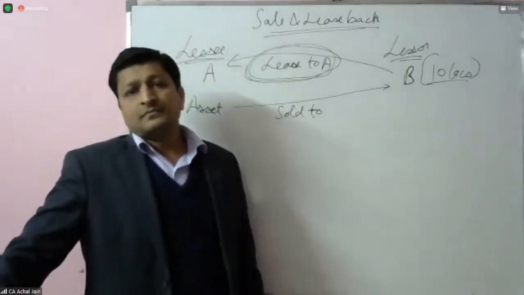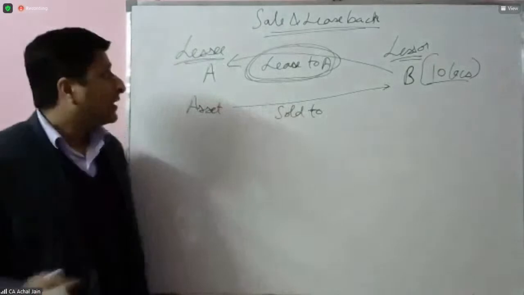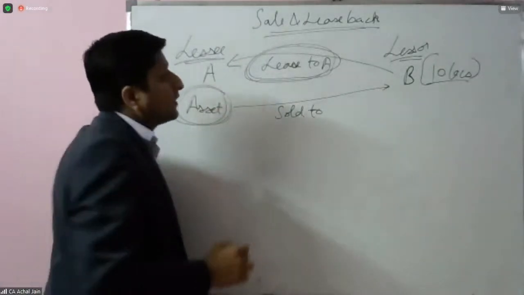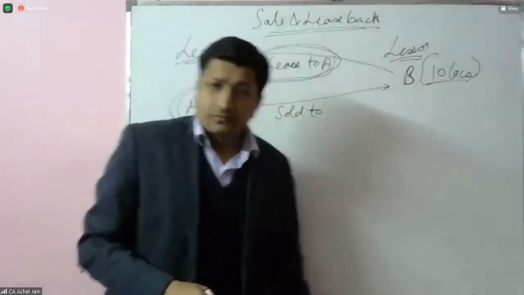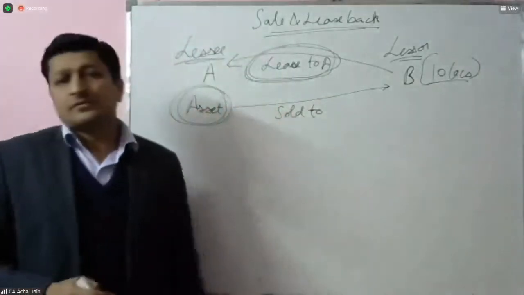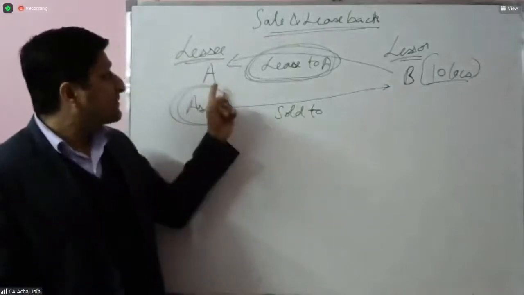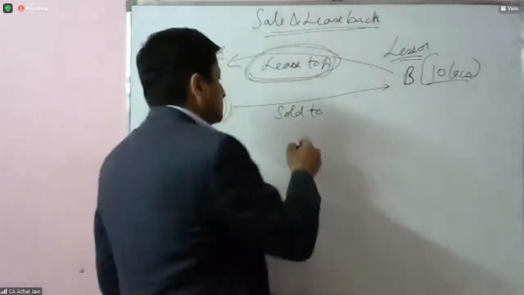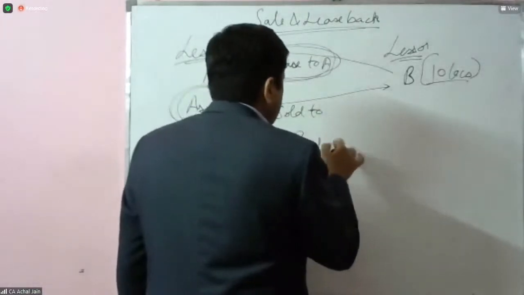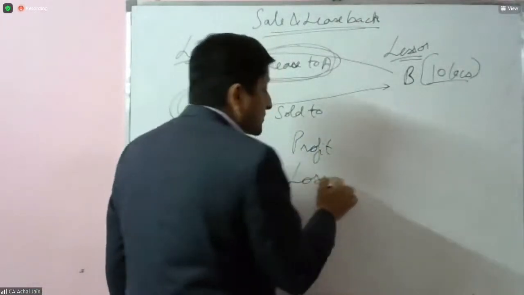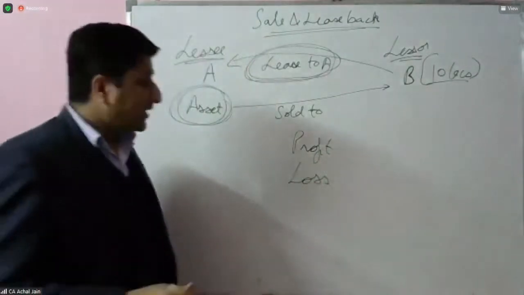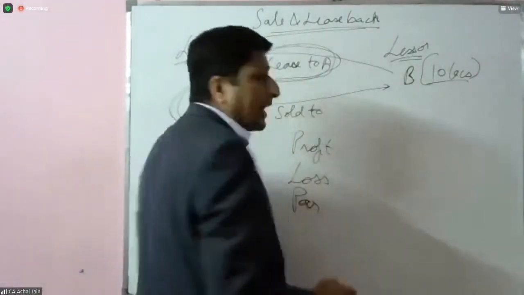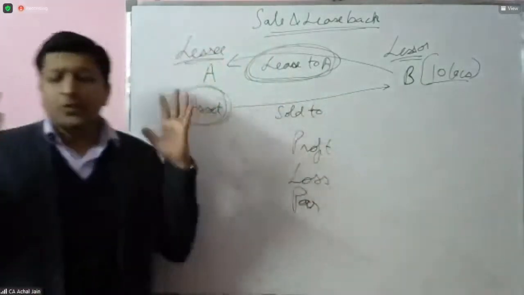But over here, because A has sold this asset to B, there are three possibilities. A may have sold this asset to B at a profit, at a loss, or maybe there is no profit or loss, meaning it is sold at par. Par means no profit or loss.